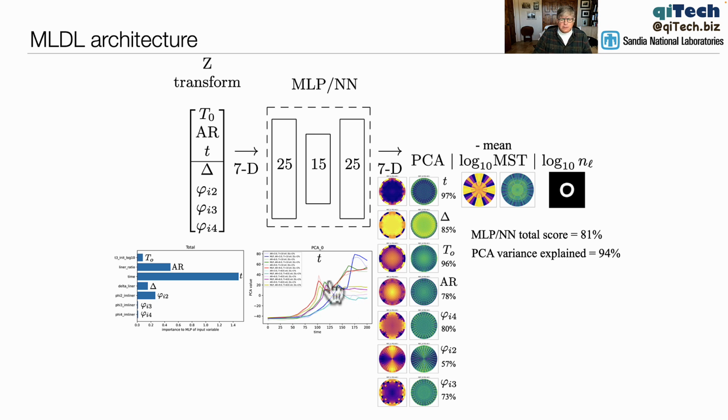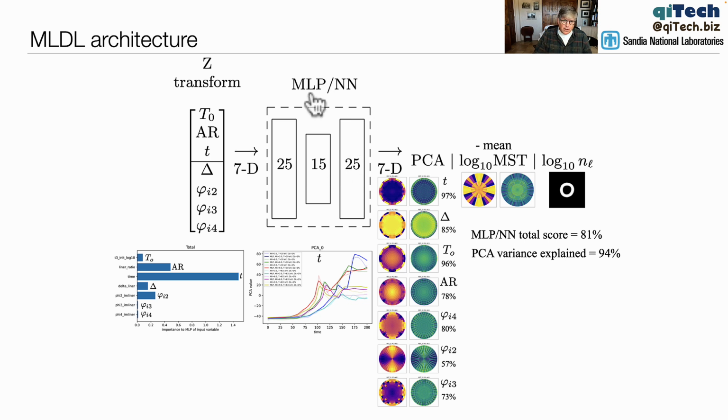A surrogate for the 7 principal components was formed given the Z transform values of the temperature, aspect ratio, time, the amount, the size of the liner perturbation, as well as the initial angles.